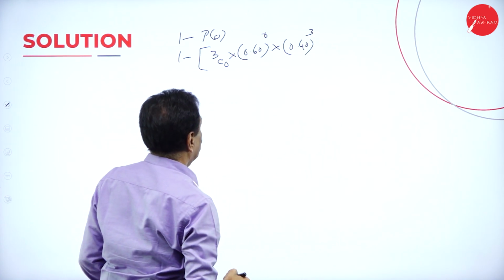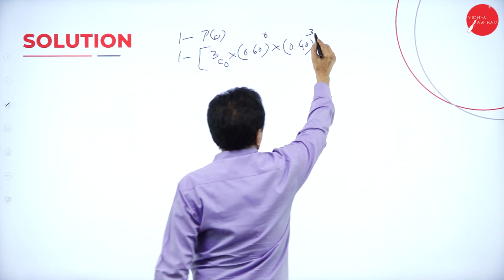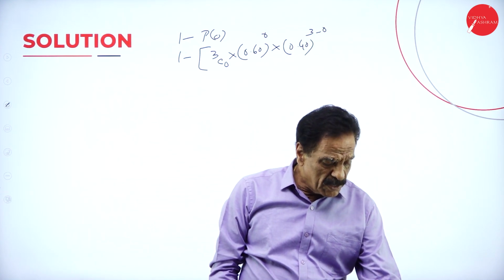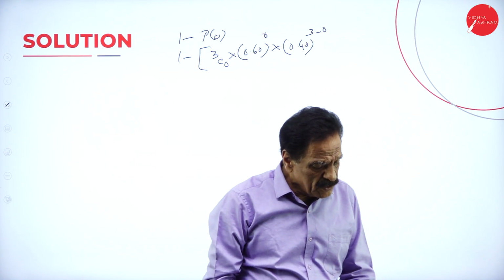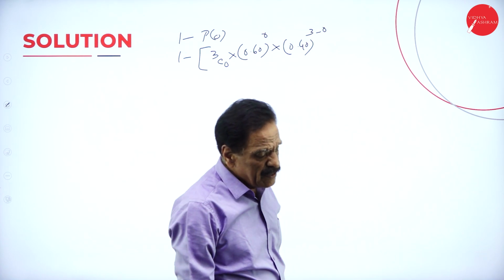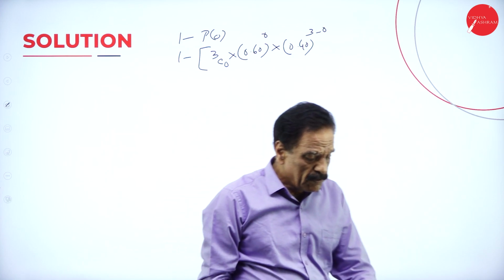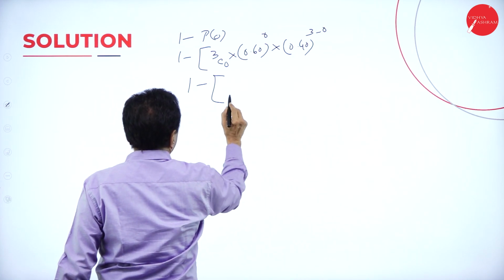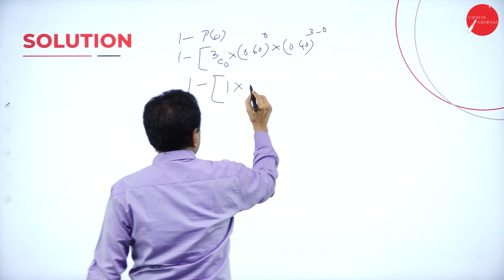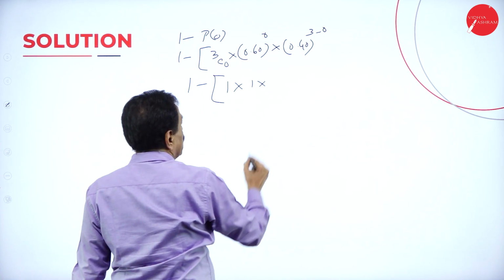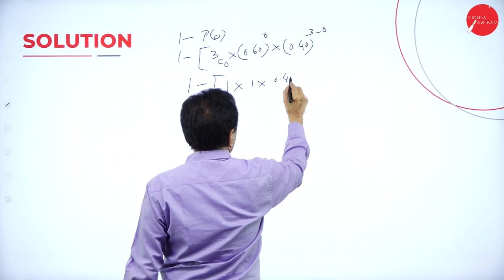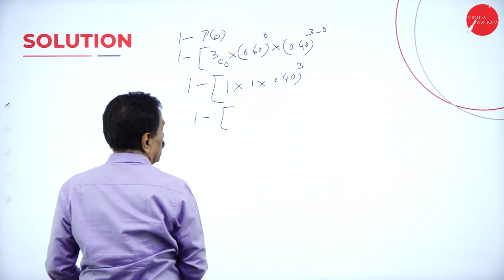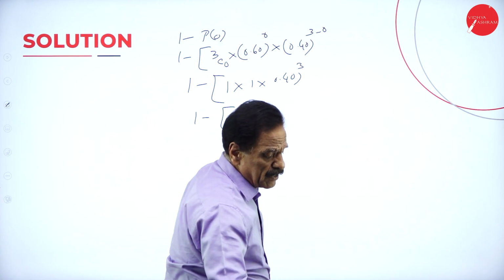What is the total number of candidates? 3 minus 0. So it is 3C0, what is 3C0? 1. Anything to the power of 0 is 1. This is 0.40 to the power of 3.